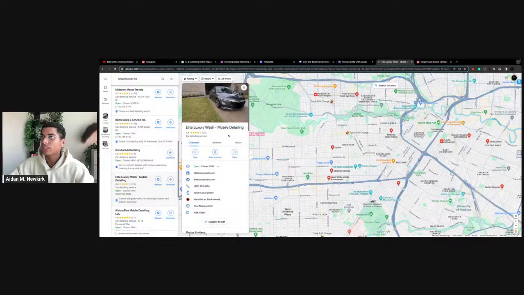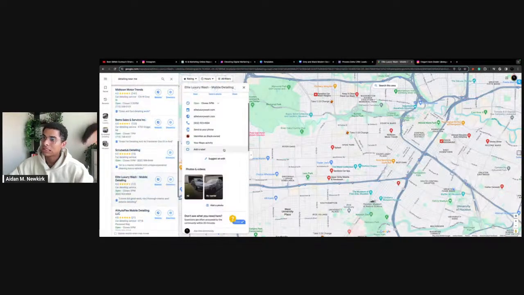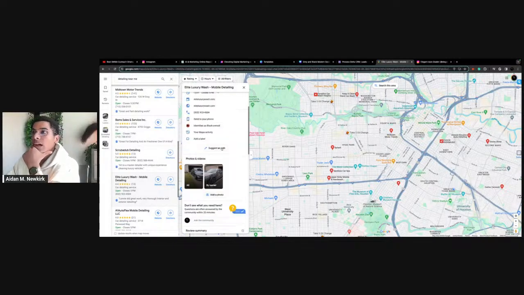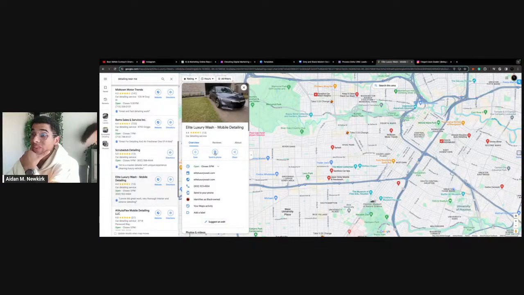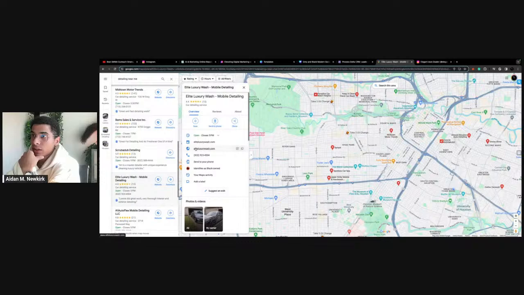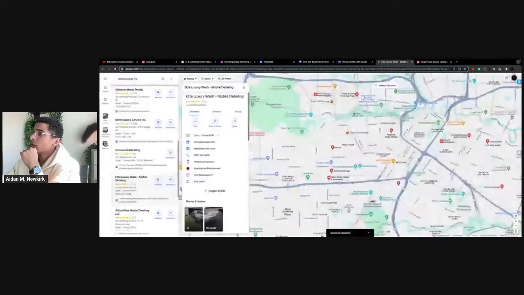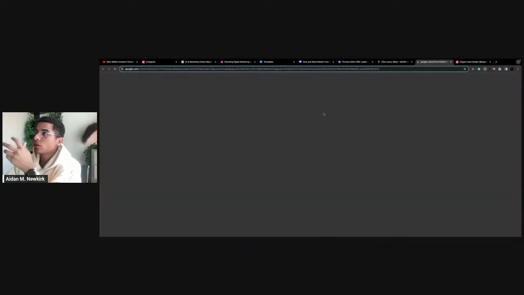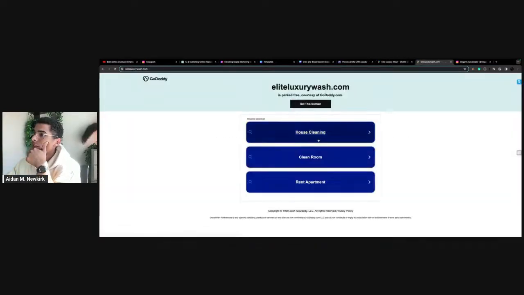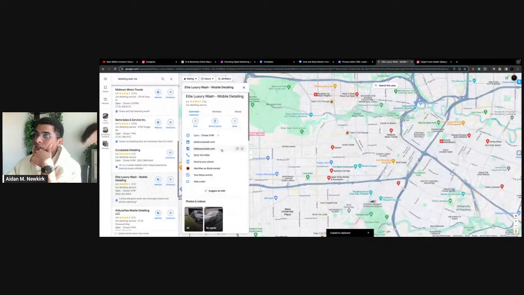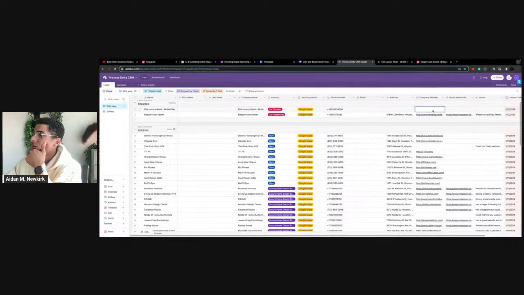I mean, they are a mobile detailing business, so I don't know, they probably don't have a physical location. eliteluxurywash.com, 832-923-4504. I still don't understand why their website is like that. I can bring that to their attention, that's for sure. Company website.